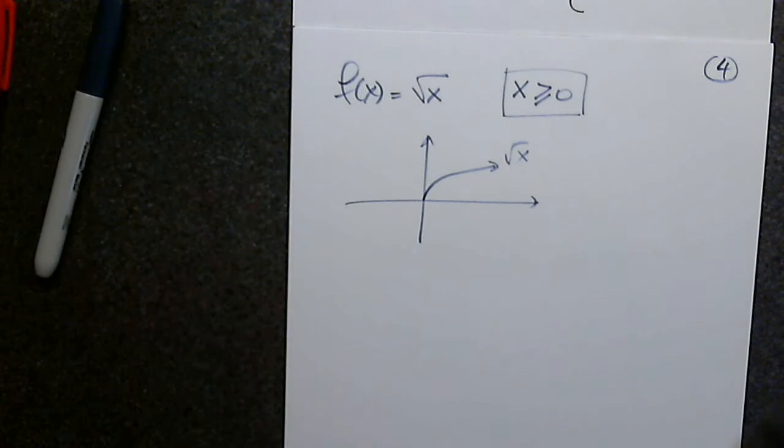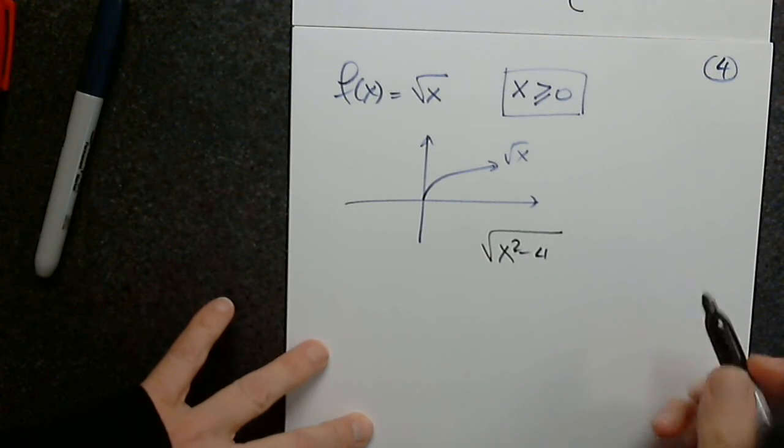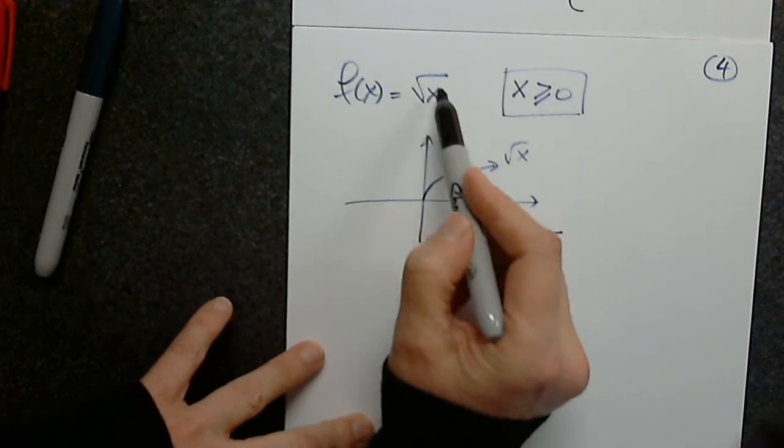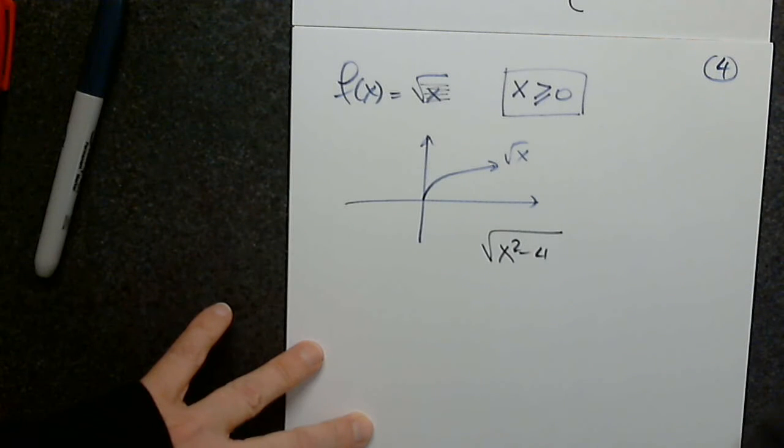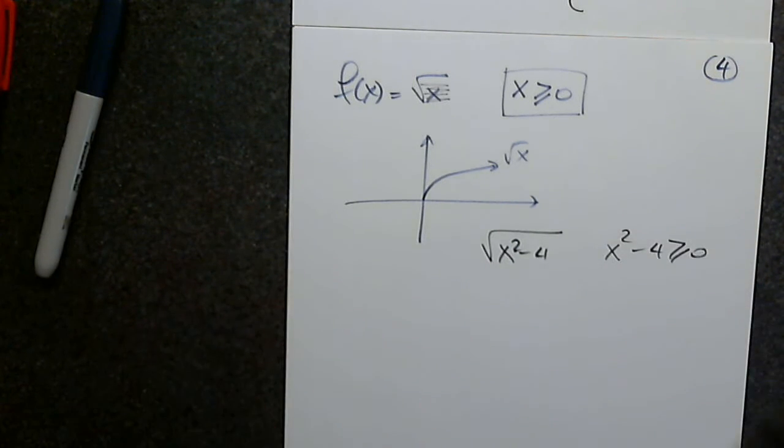So therefore, when we look at the square root of x squared minus 4, we have to stay with the same restriction. No matter what I have here, this has to be greater than or equal to 0. Otherwise, I would be taking the square root of a negative number. I can take the square root of 0 or a positive number, but not of a negative number and get a real number.